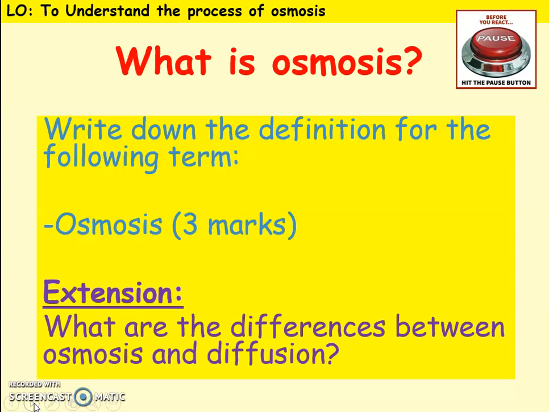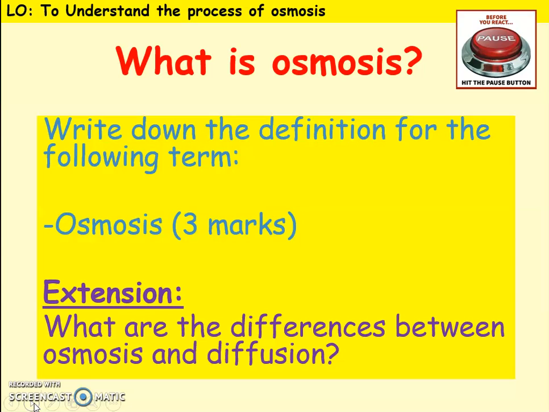Okay, so what's the definition of osmosis then? Hopefully you've got something along the lines of osmosis is the movement of water from an area of high concentration to an area of low concentration across a partially permeable membrane.